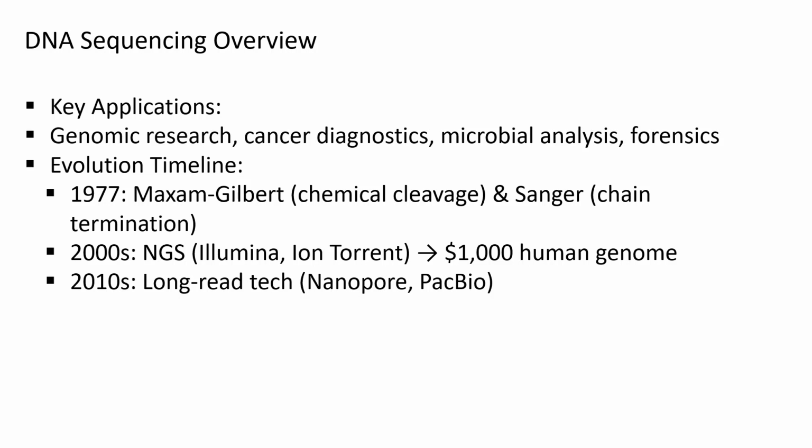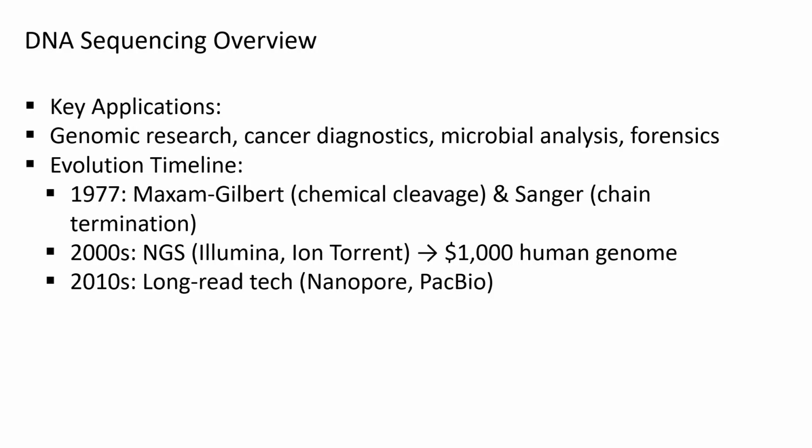So the evolution timeline starts from 1977, where Maxam-Gilbert and Sanger sequencing were introduced. Next, in the 2000s, NGS came in, Illumina and Ion Torrent, which could give a $1,000 human genome. And then in the 2010s, what we got is long read technologies.